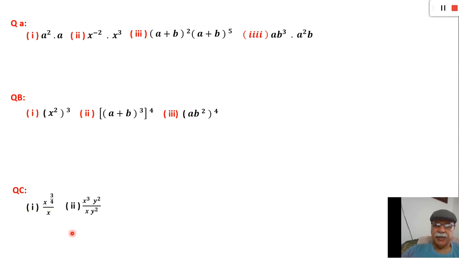Part 2 of the question is the same. When you have a fraction, you must subtract the index from up and down, meaning minus 2 minus 2, 3 minus 1, like this exactly.